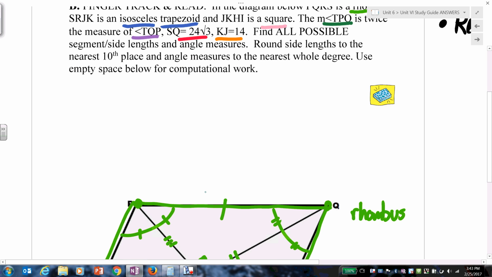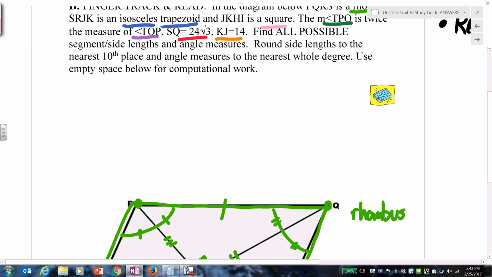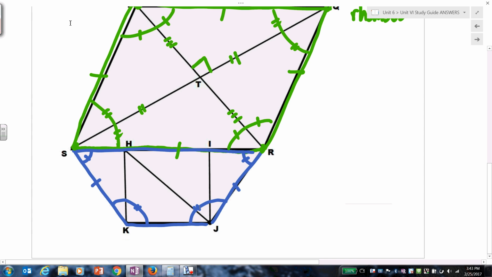Then we know that JKHI is a square. What are some things we know about squares? We know we have 4 equal sides. We know we have right angles.